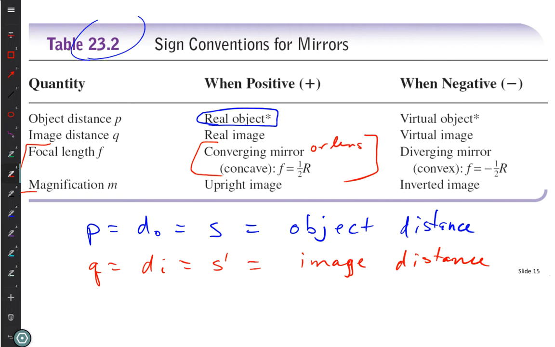For a lens, the light should go through. So it's going to be a positive image distance if it's on the opposite side because the light should go through. So here for a lens, it's on the wrong side, so it's a negative focal length. We measure the focal length. Actually, I have my symbols reversed.